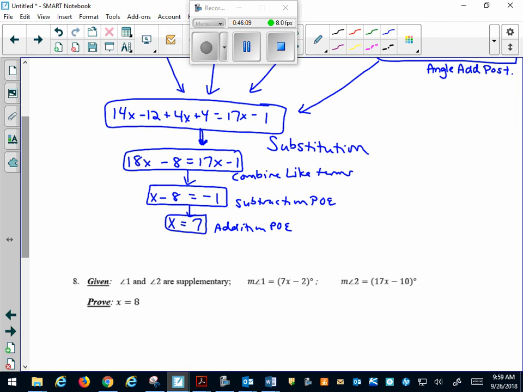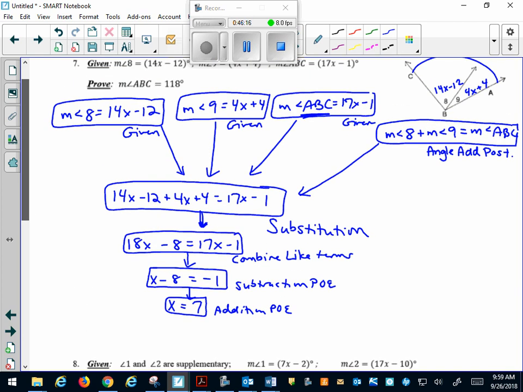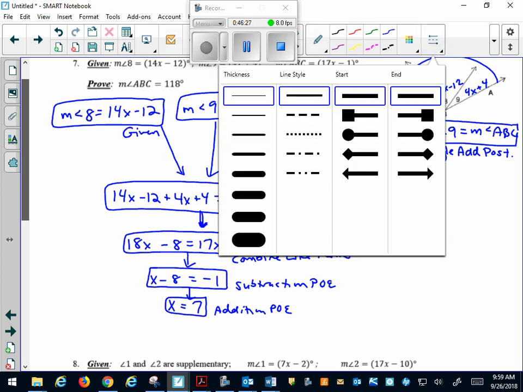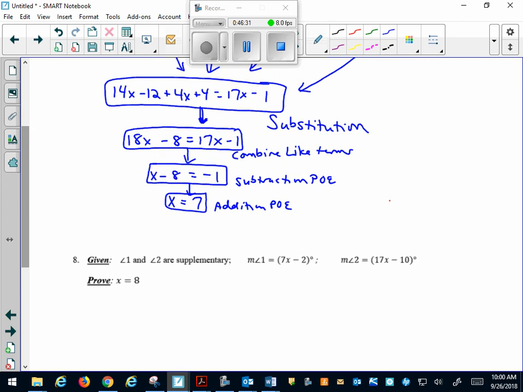Yep. Plug in 7 for x into this equation right here, right? Because that's the measure of angle ABC. So we're going to do exactly that. I'm running out of room here, so I'm going to pull it to the side a little bit.